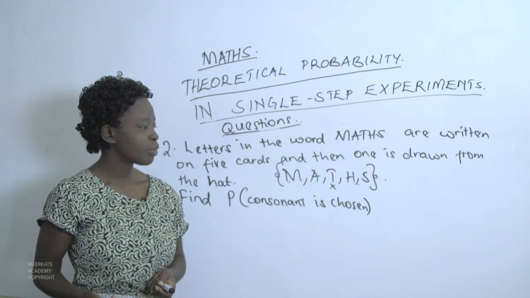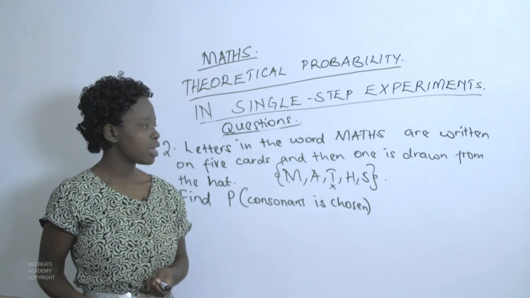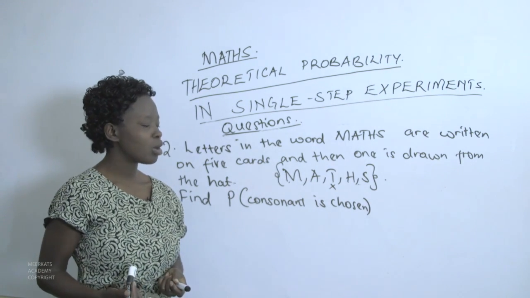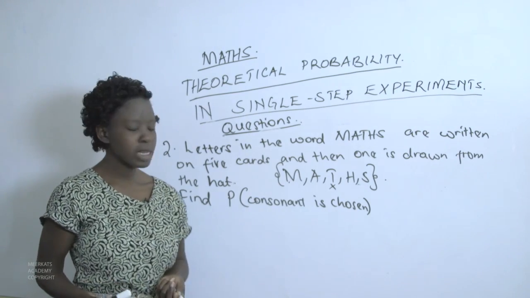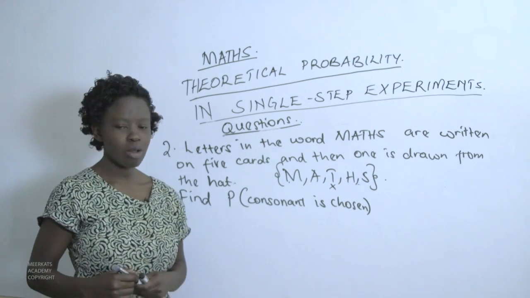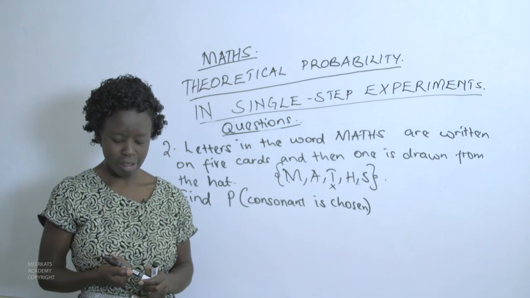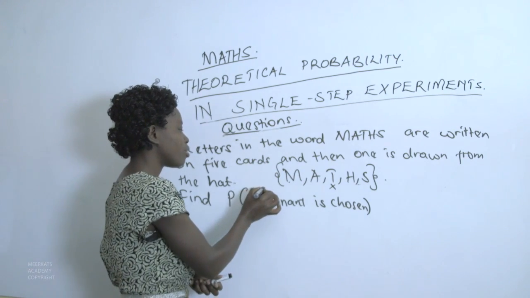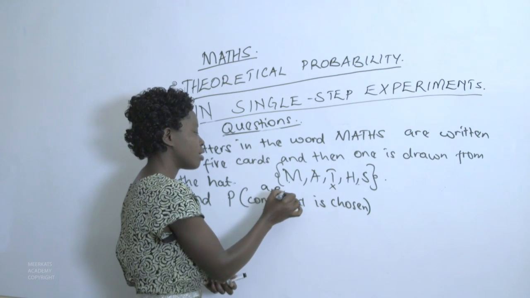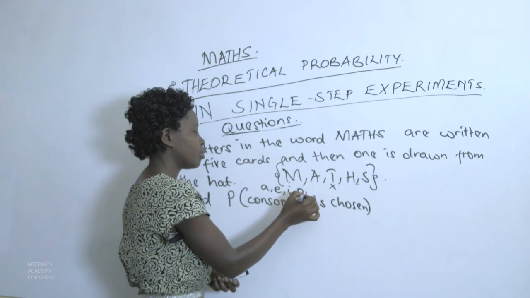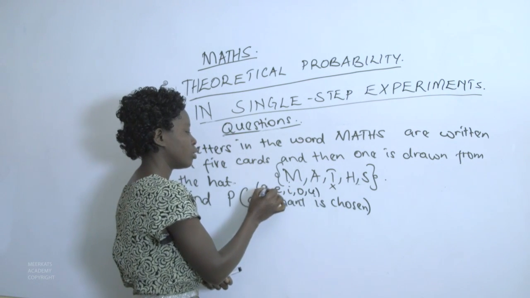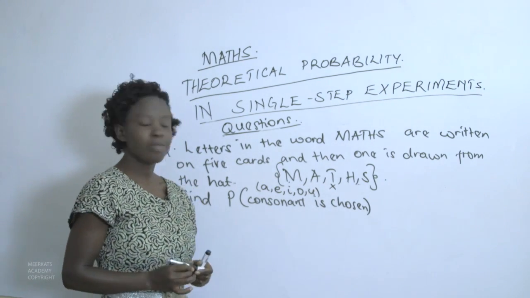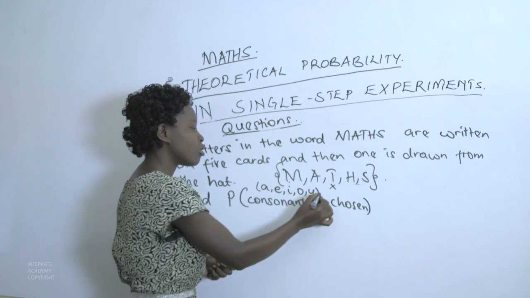Then from there, we will be able to identify which ones are consonants and which ones are not. We all know that we have vowels and consonants. Out of the 26 letters of the alphabet, we have 5 vowels, then the rest of the letters are consonants.